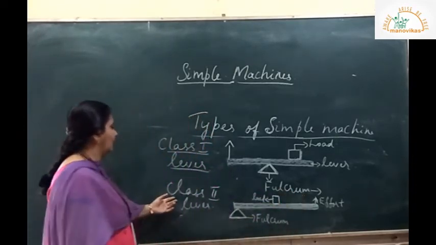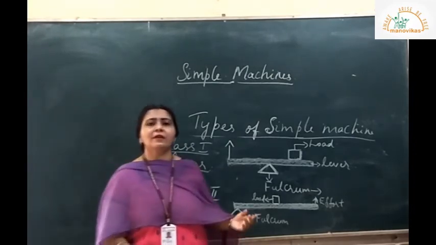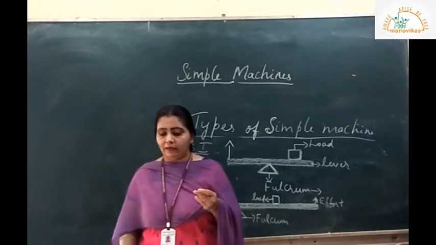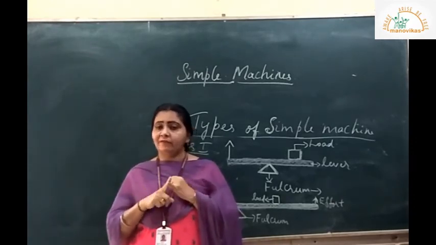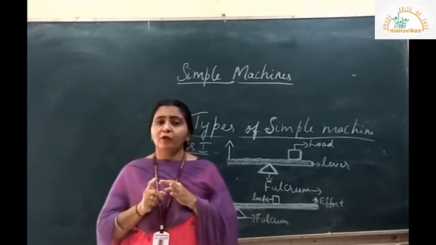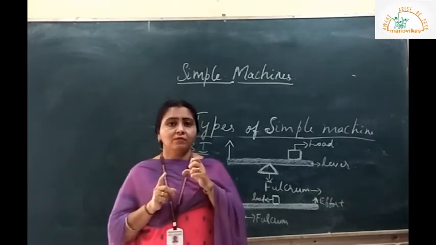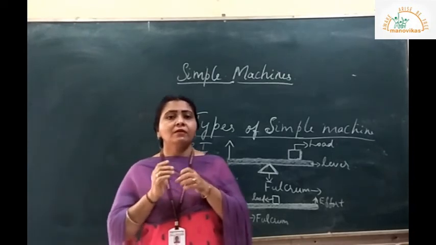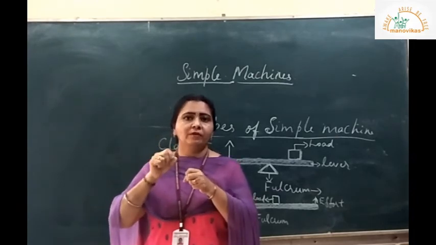Examples for class 2 lever: nutcracker, bottle opener. All of you know a bottle opener. You take the bottle, that is the load, and you are placing the bottle in the middle and taking the bottle opener to open the bottle.